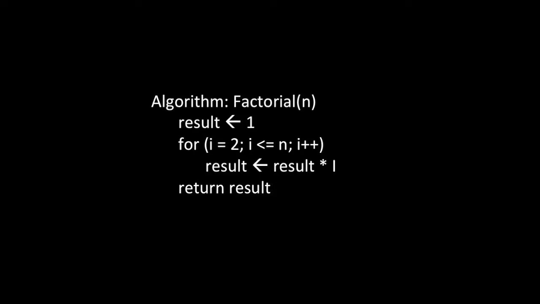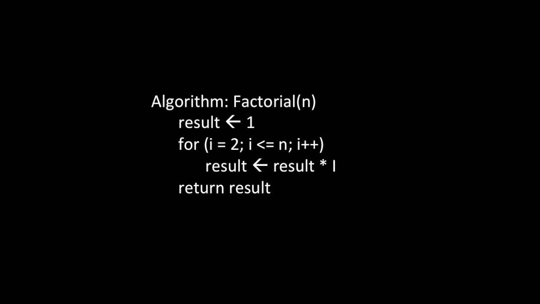So here's an iterative algorithm for factorial. First, I'll initialize the result to be equal to 1, because that's going to be true for n equals 0 or n equals 1. And then if n is greater than 1, I'll start with i equals 2, and make the result equal to our current result times i.